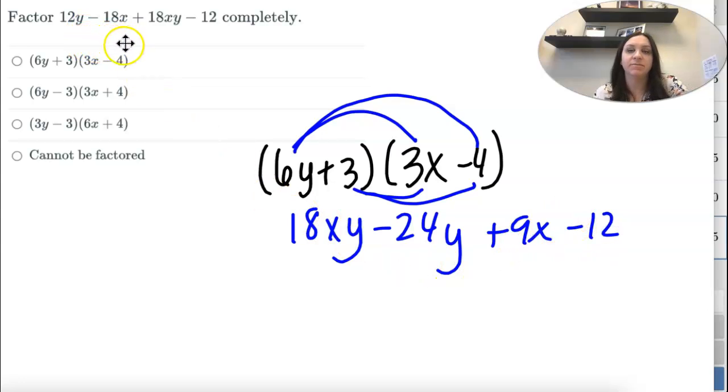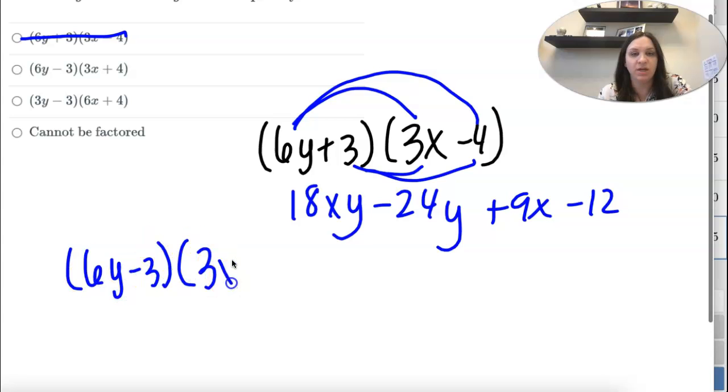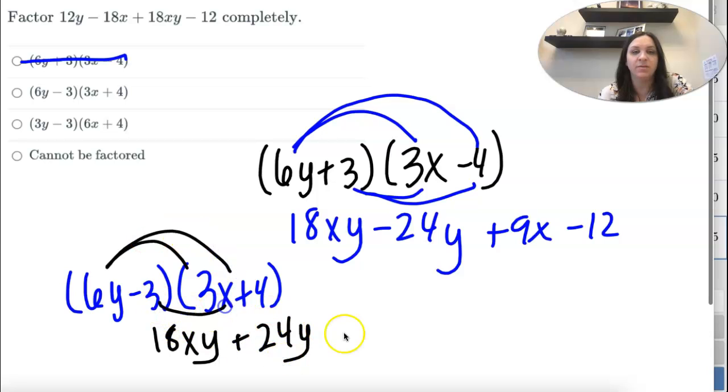That's not it. Okay, I'm going to take my second one. 6y minus 3, 3x plus 4. 18xy plus 24y minus 9x minus 12. That's not it either.